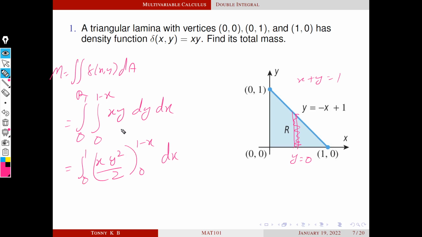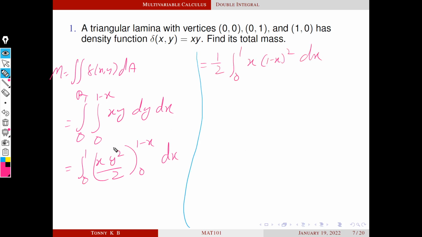So you can easily integrate this double integral. This becomes the integral from 0 to 1 of x into y squared by 2, with y from 0 to 1 minus x, dx. Here 1 by 2 is common, so you can take it outside. So 1 by 2 into the integral from 0 to 1 of x into y, where y is 1 minus x, becomes (1 minus x) squared. When y equals 0, this term is 0. Next you expand (1 minus x) squared and multiply with x. So the integral becomes x minus 2x squared plus x cubed.